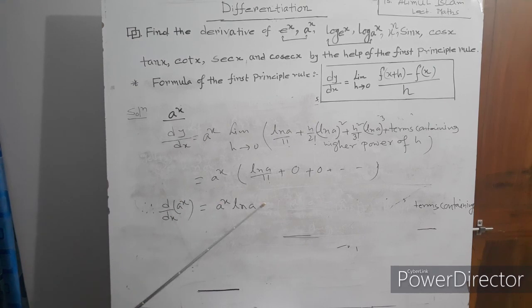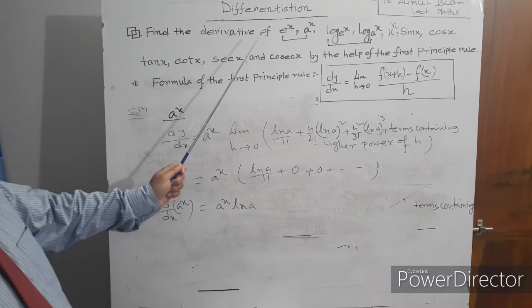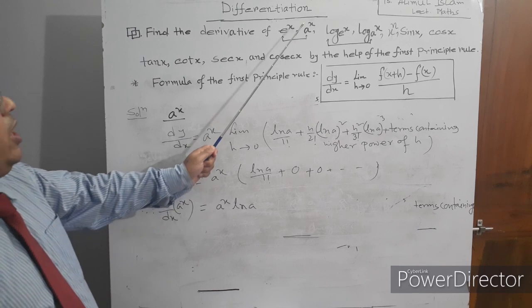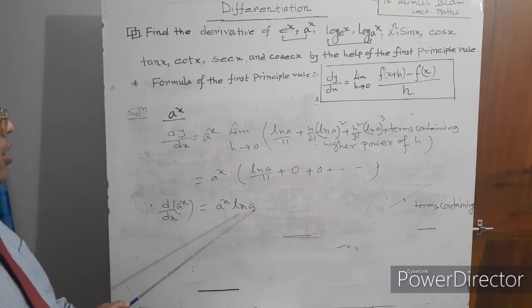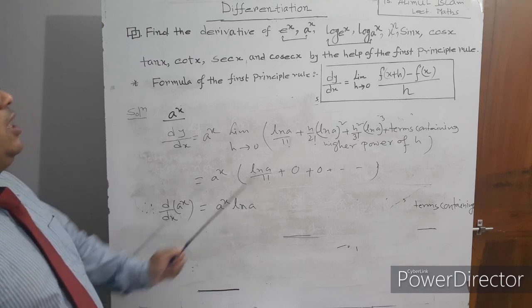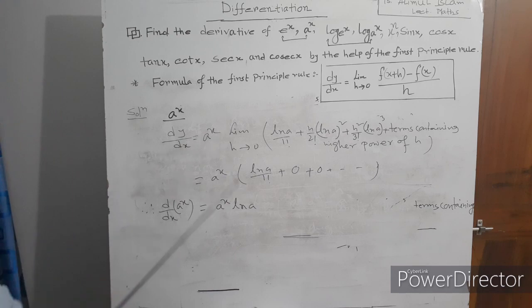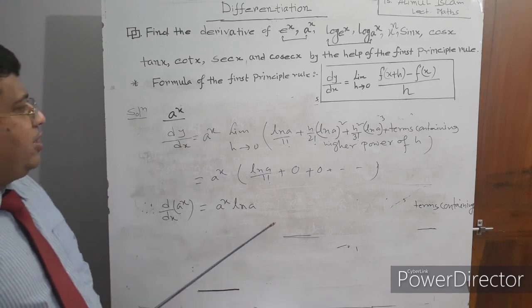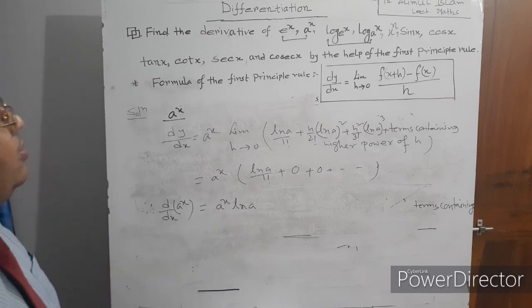Now I have determined the derivative of a to the power x is a to the power x ln a, solved with the help of the first principle law. I expect that everybody understands properly.